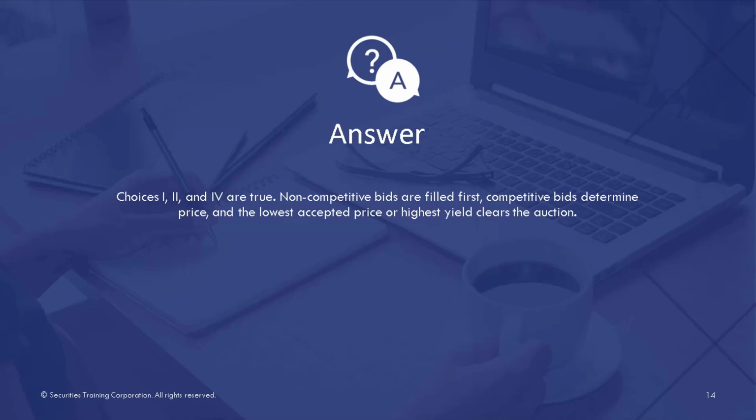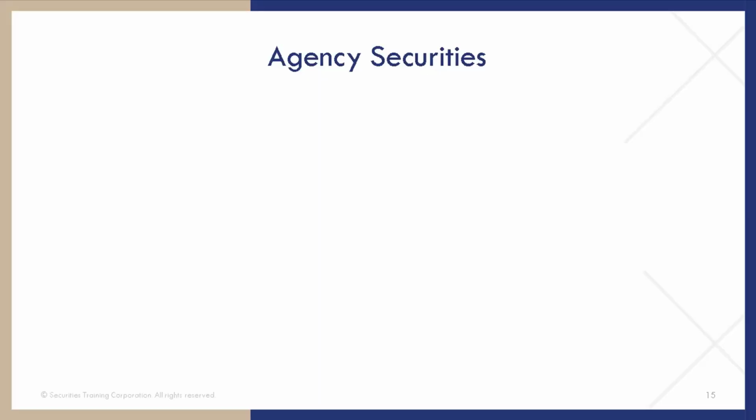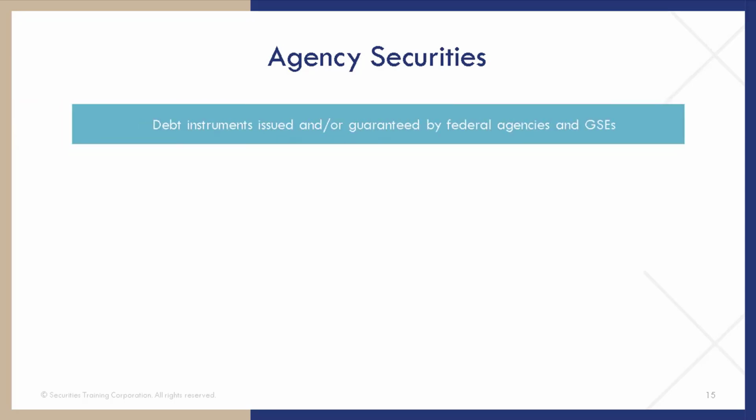So those are the Treasury obligations, which are direct obligations of the U.S. government. There are then government agency securities. This is debt instruments issued and/or guaranteed by federal agencies and government-sponsored enterprises, GSEs.